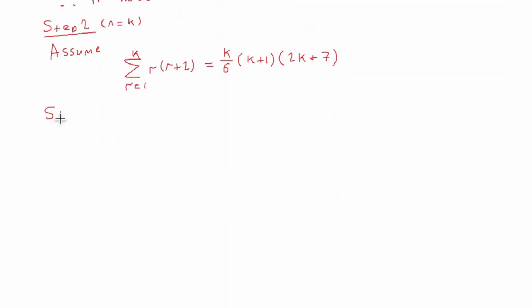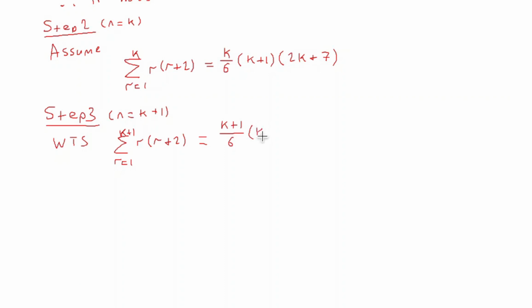Now we move on to step 3. Step 3 is our inductive step, where n is equal to k plus 1. What we want to show is that the sum from r equals 1 up to k plus 1 of r times (r plus 2) is equal to (k plus 1) over 6. K plus 1 plus 1 is k plus 2.